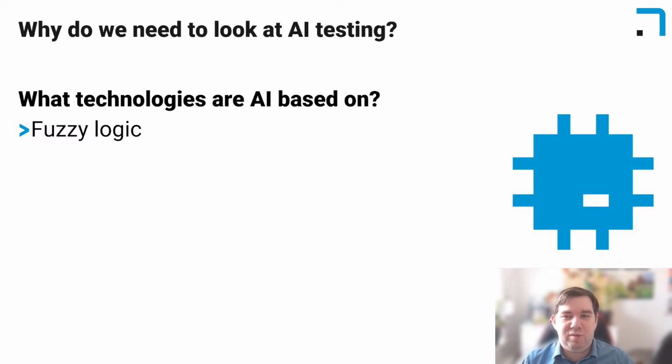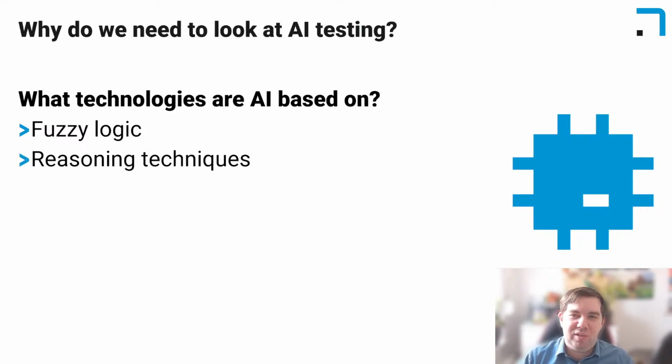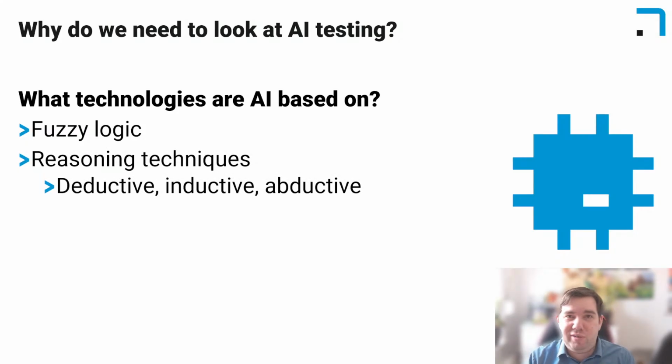Maybe we're looking at some reasoning techniques that the AI has. Perhaps it's based on deductive, inductive, or abductive reasoning. Deductive meaning that it can work top-down, so it knows its premises and can sort of identify information at a lower level based on how it knows it works.